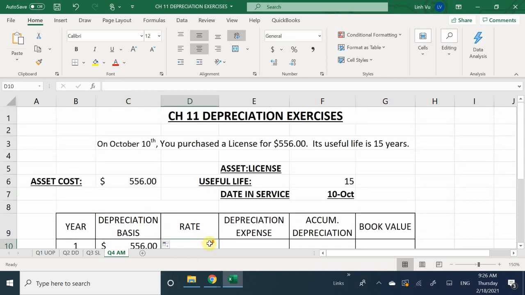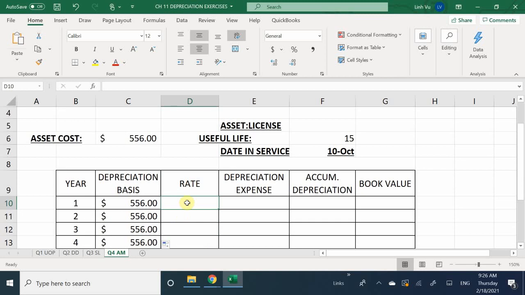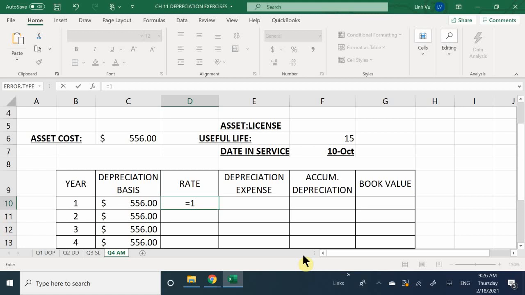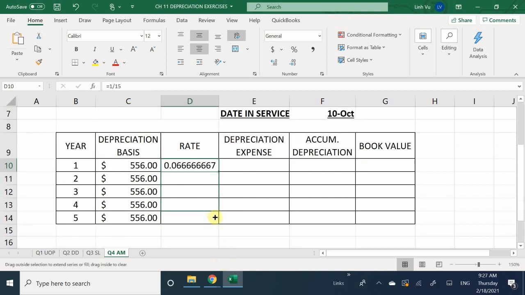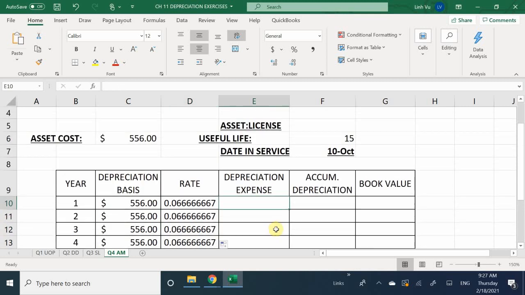What's my rate going to be? 0.06667. Yes. And of course, we can assume it's going to stay the same as well. So what is going to be my depreciation expense for year 1?